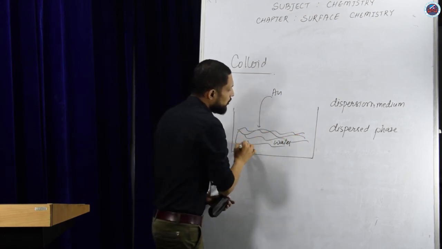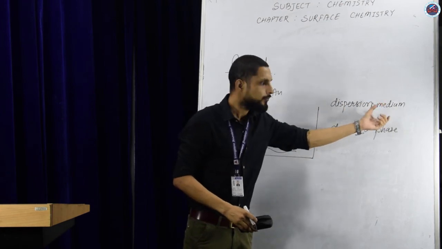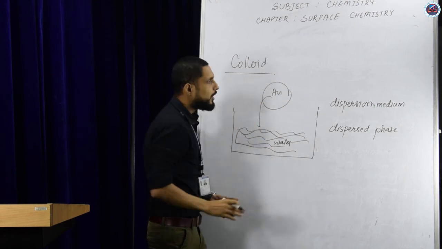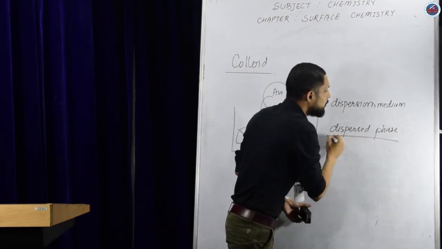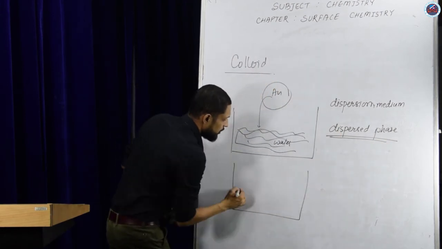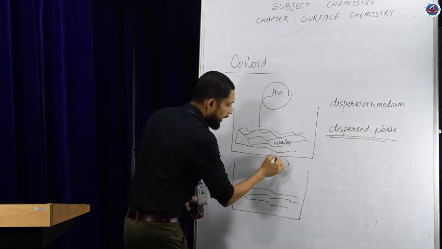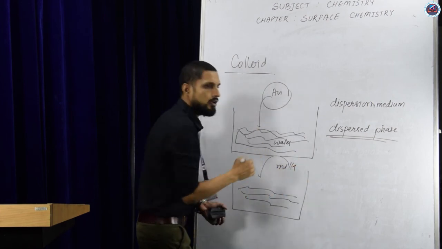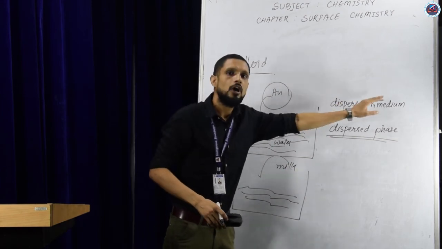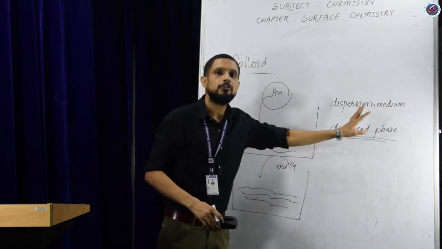So the water will act as dispersion medium, whereas the gold particle which is added to the water is known as dispersed phase. One more example, say you take water in a larger quantity and add milk in lesser quantity. So in this case the water will act as dispersion medium and the milk will act as dispersed phase.